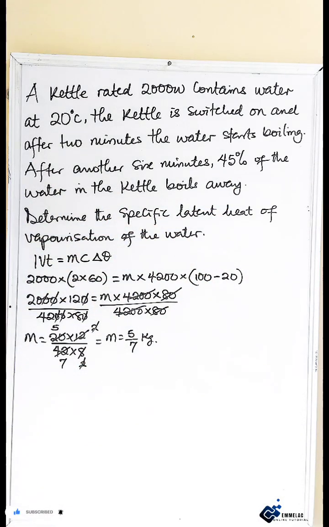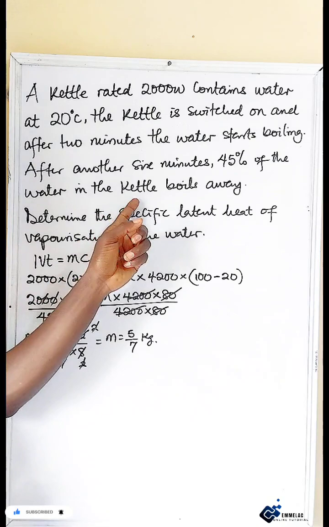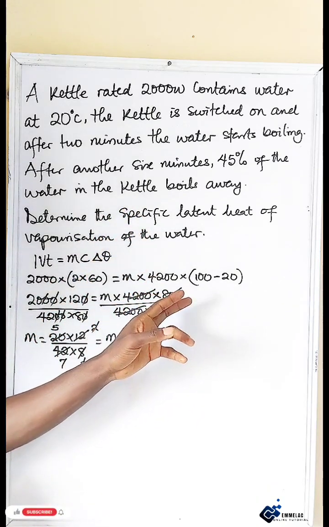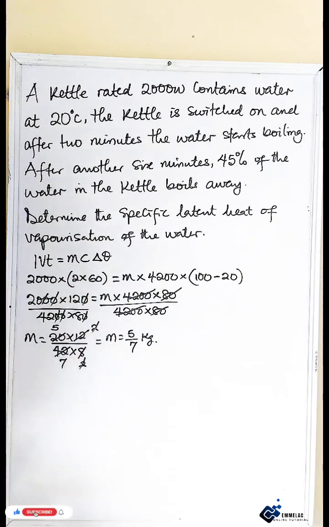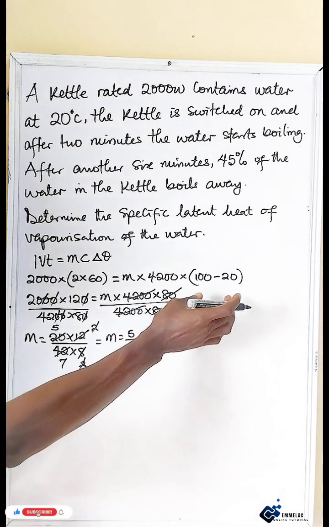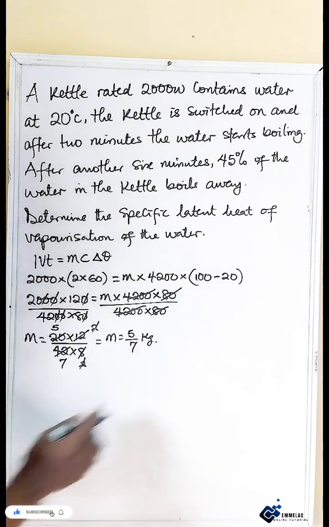At this point of vaporization, the water has a constant temperature. So we will also relate the electrical energy the kettle generates, which is the heat loss. In this case we have the latent heat.